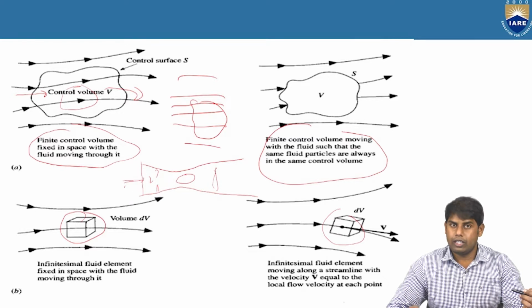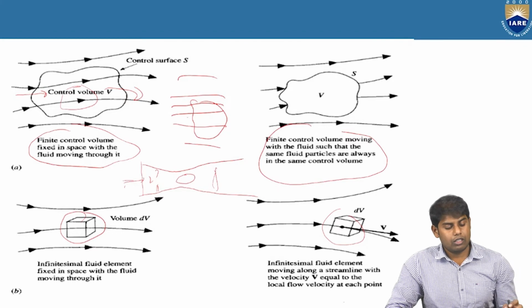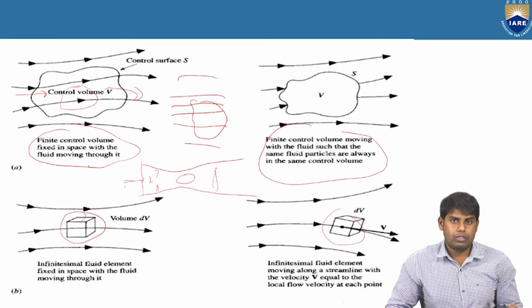You can use any shape for the control volume, and you need to see what the effects are, the flow which is entering, leaving and accumulating. Fine. And the other approach is where the control volume moves with the fluid.